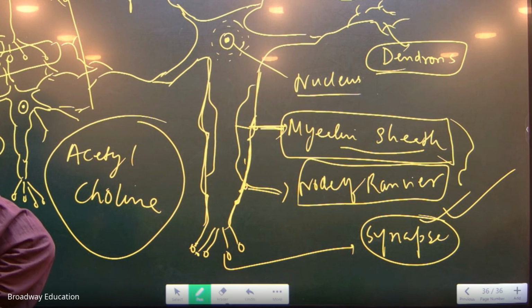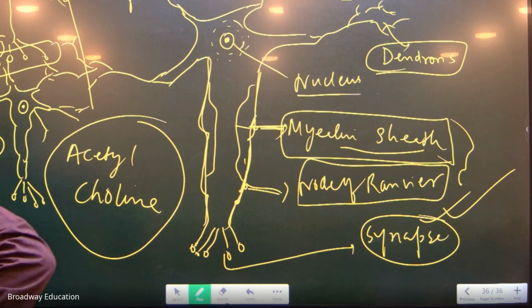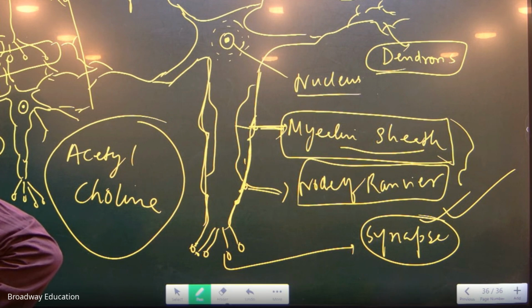Written? Full stop. After this, please write the next point, the point of contact. The point of contact between one neuron and another neuron is called the synapse.